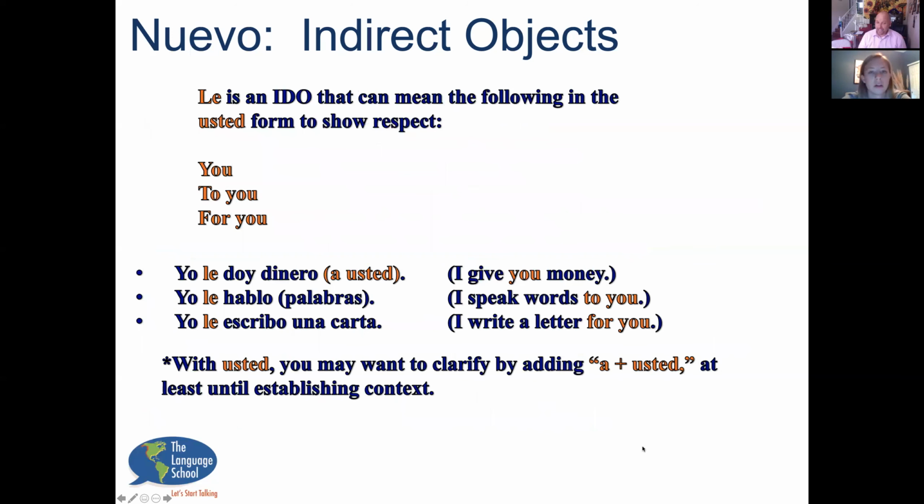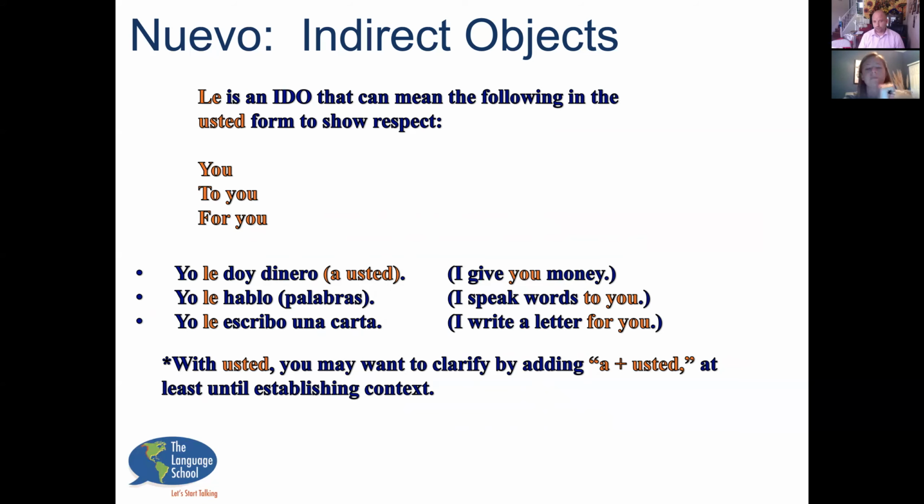All right, so le can also mean you, to you, or for you if we're in the usted form, if you're trying to show more respect or talk more formally. So in this one, you can put a usted on the end. Yo le doy dinero a usted. It's like saying, I give you money.